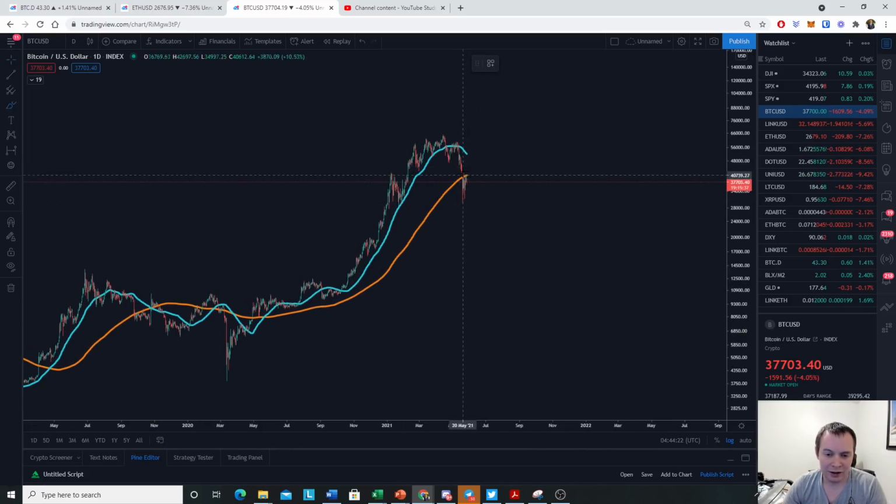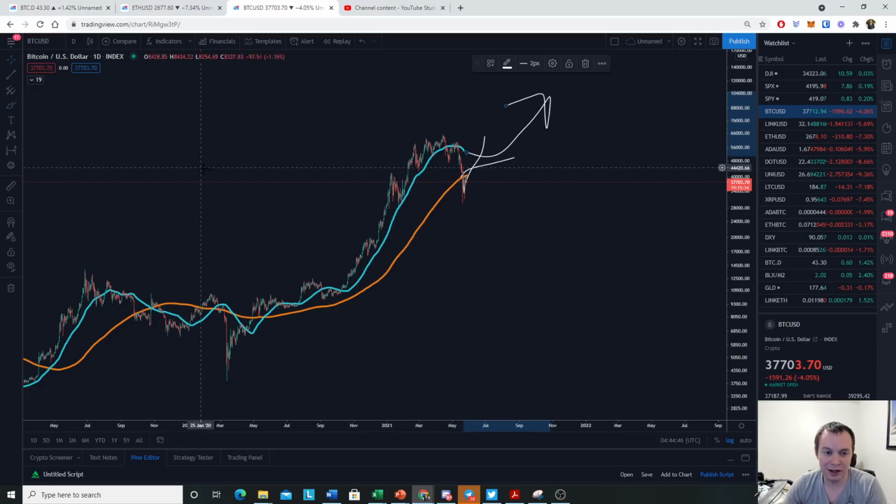Are we going to get a death cross? And if we do get it, are we going to repeat prior cycles where we at least go down for a little bit and consolidate for maybe 3 to 6 months? Or will the price of Bitcoin get a V-shaped recovery and completely avoid the death cross altogether?